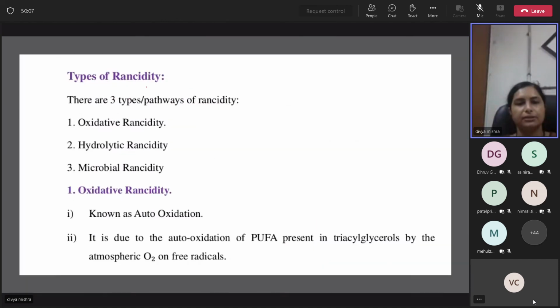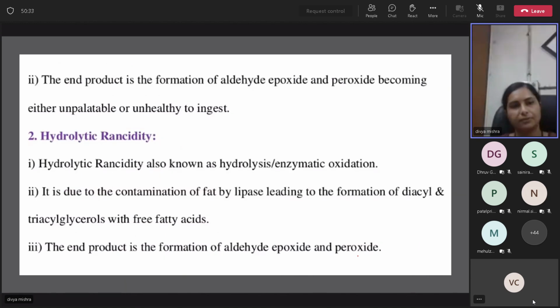First of all, rancidity can be of three types: oxidative, hydrolytic, and microbial. Oxidative undergoes auto oxidation in the atmosphere. The polyunsaturated acids present, known as PUFA, you may have heard of MUFA and PUFA present in the oil, in the triacylglycerol, undergo auto oxidation by free radicals.